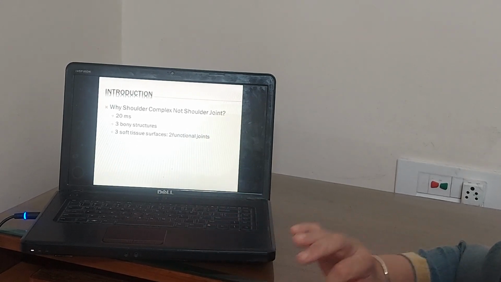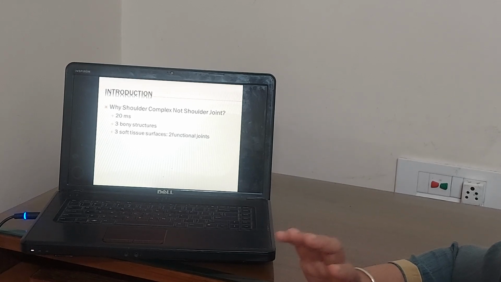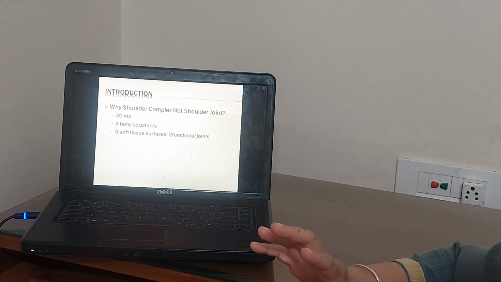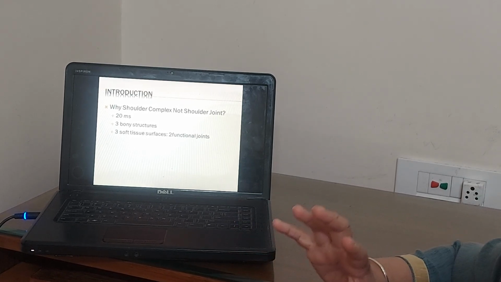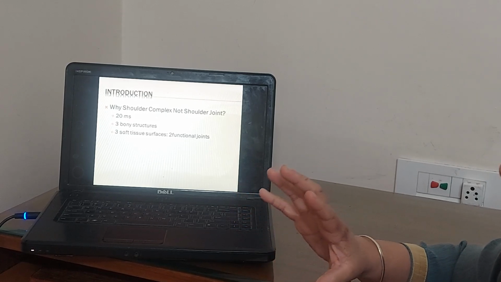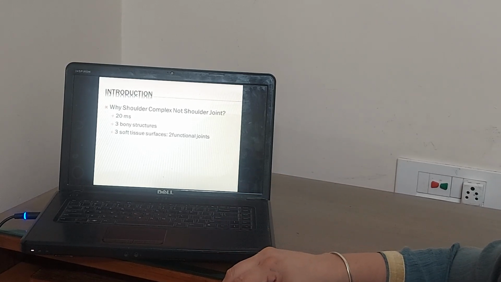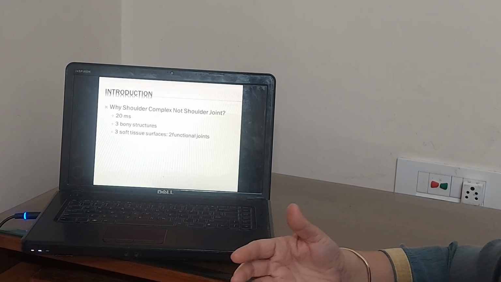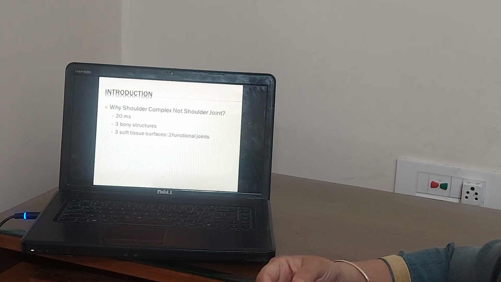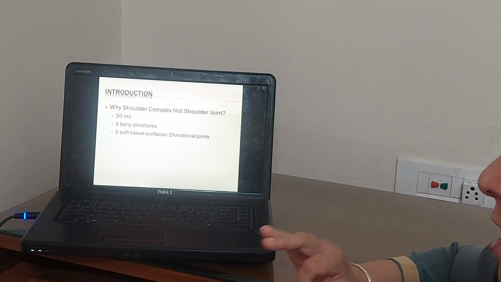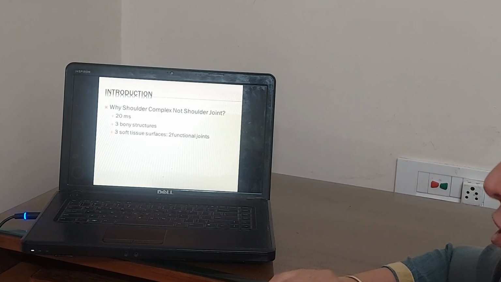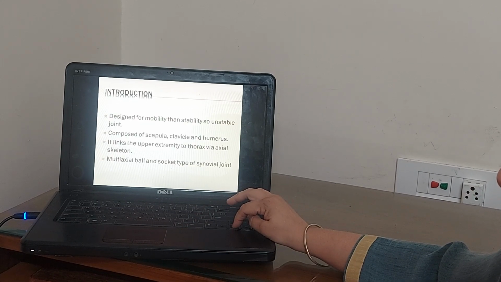But it also has 3 soft tissue surfaces which play a very important role during its function. 2 of them are functional joints, the suprahumeral space and the scapulothoracic joint, and one structure is called the bicipital groove. These play a very important role during the function of the shoulder complex.